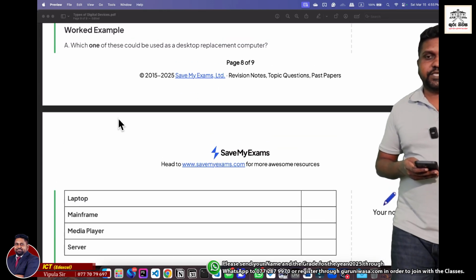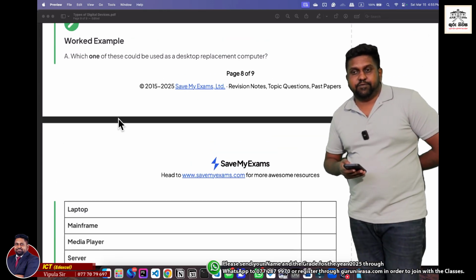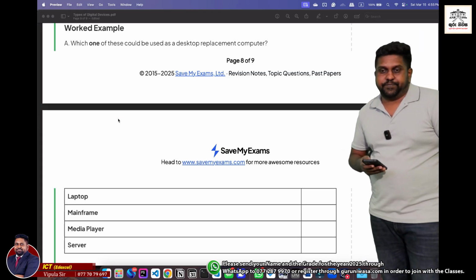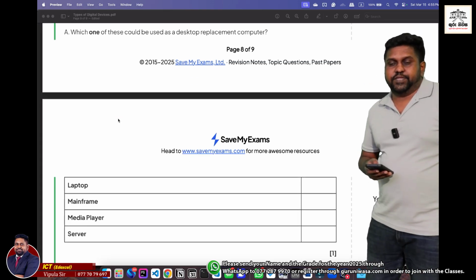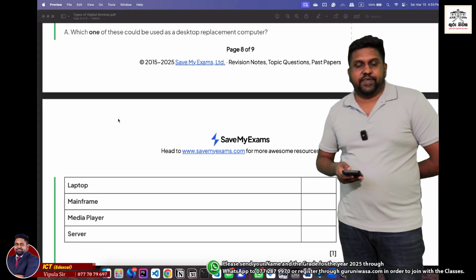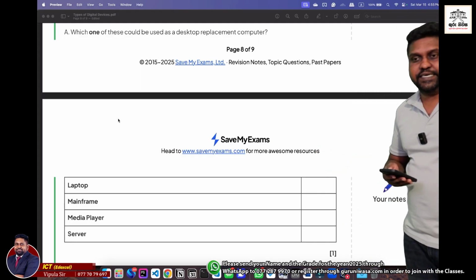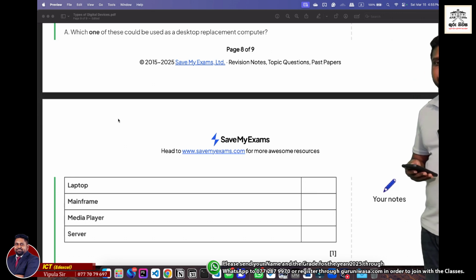So the question is, which one of these could be used as a desktop replacement computer? Of course we get 4 different answers: laptop, mainframe, media player, and server, but you need to know which one could be used as a desktop replacement computer.